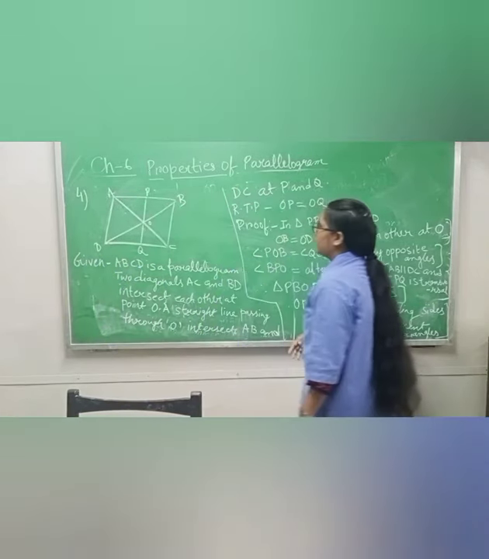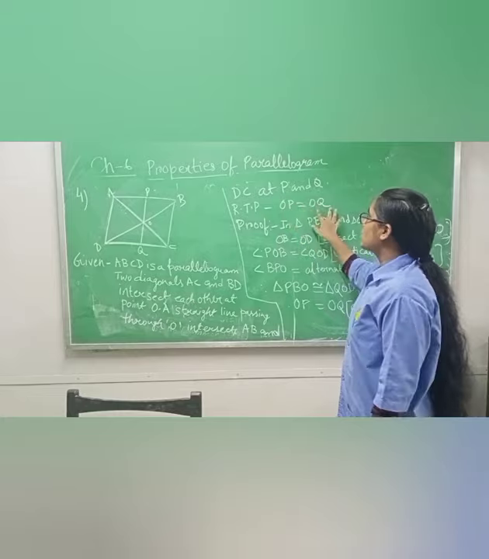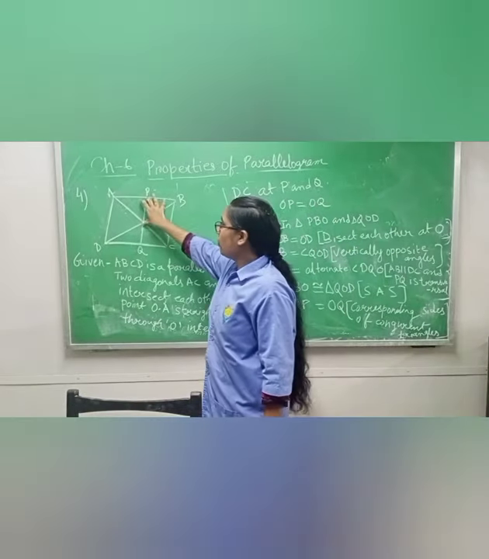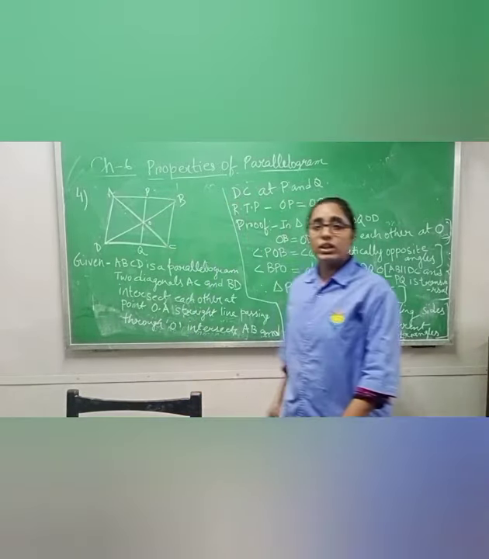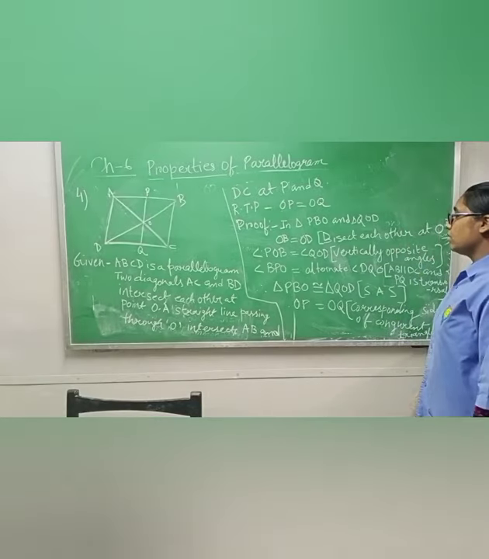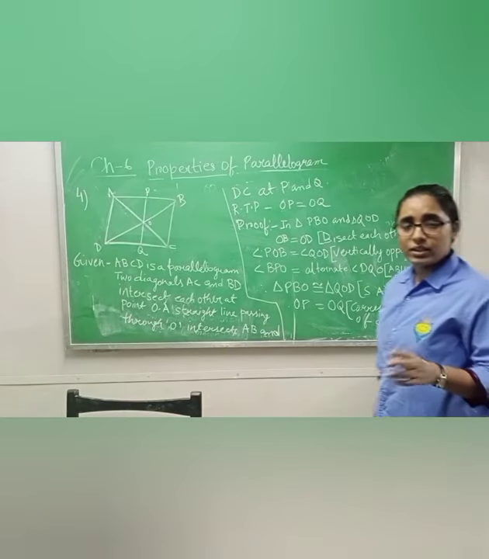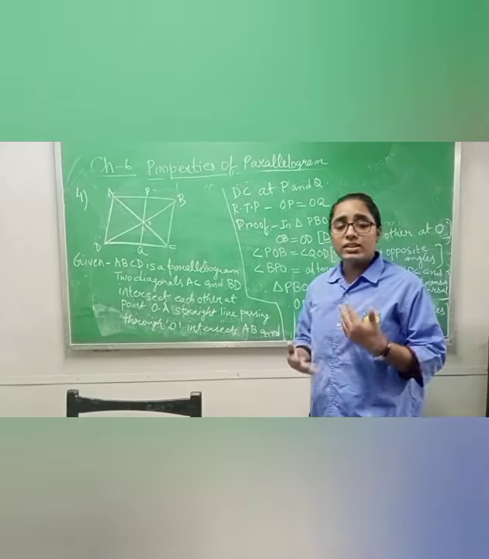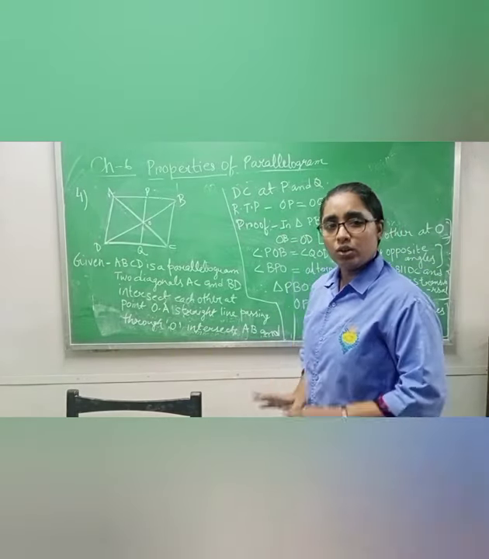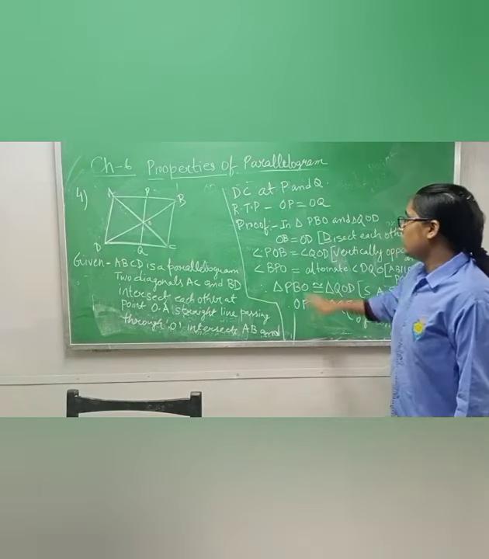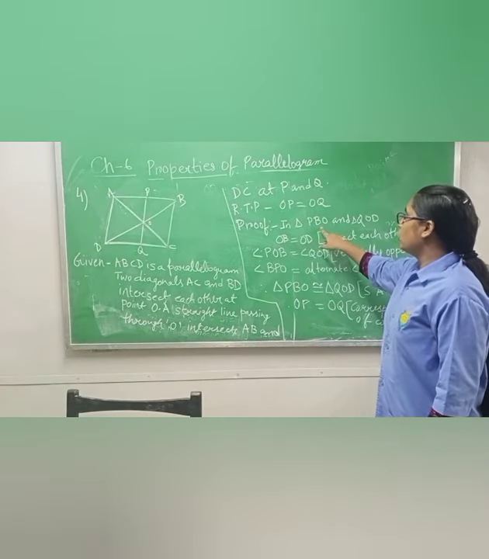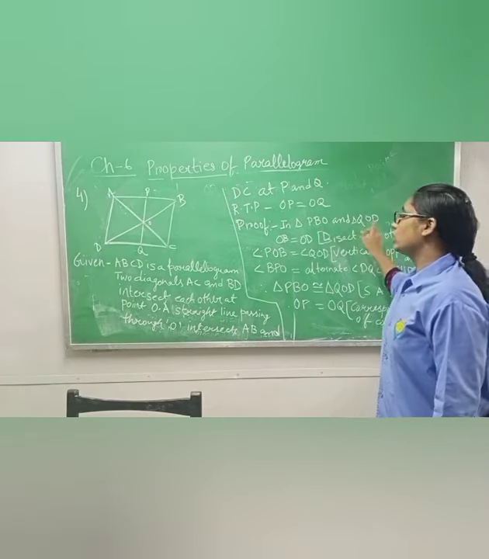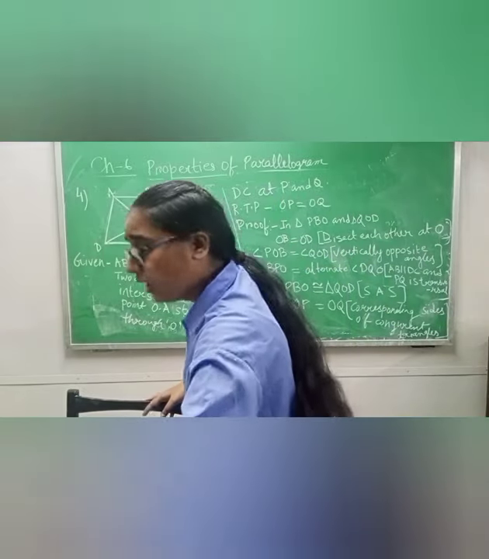Now RTP: we have to prove OP equals OQ. What will I do now? Same thing. First, I have to prove congruency between two triangles. Then we will prove that corresponding sides are also equal. Now in triangle PBO and triangle QOD, which two triangles am I taking?